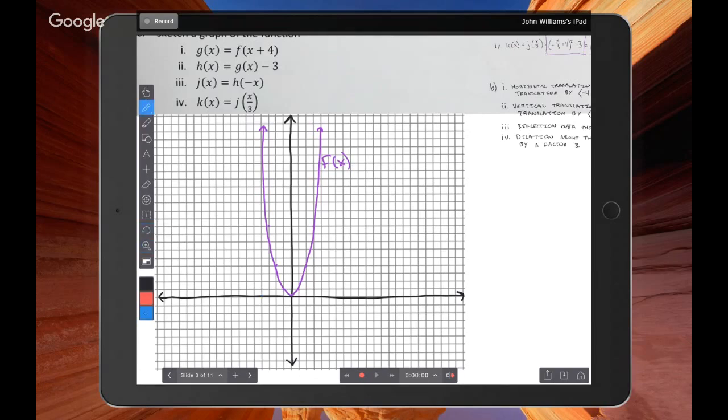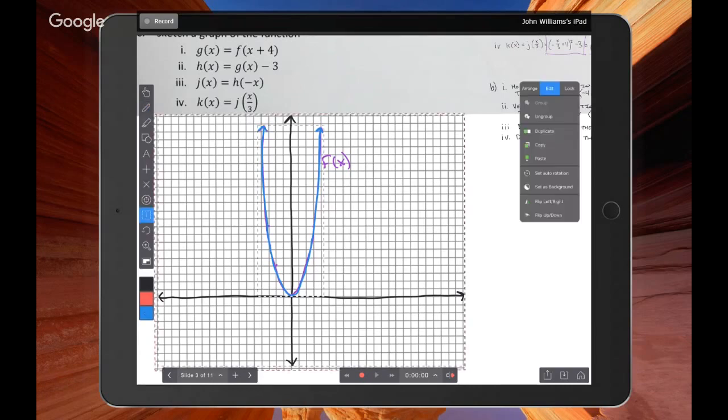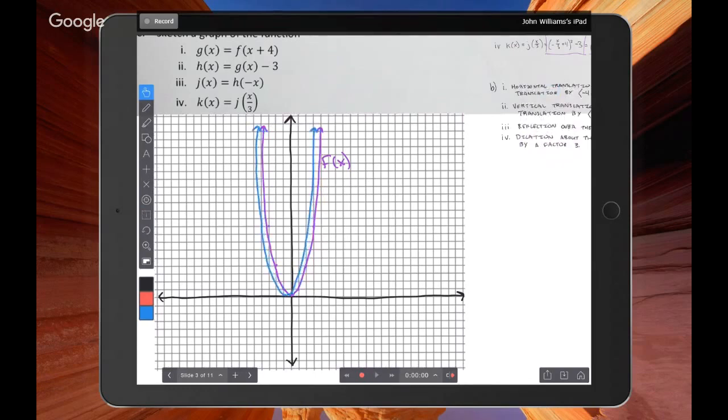I'm just going to copy this one and move it left 4 since I have a computer. There'd be 1 spot, 2 spots, 3 spots, 4 spots. Sweet. And that one is g of x.